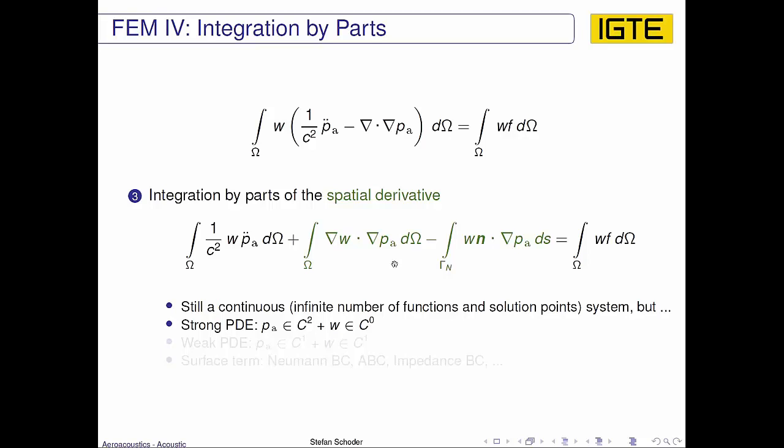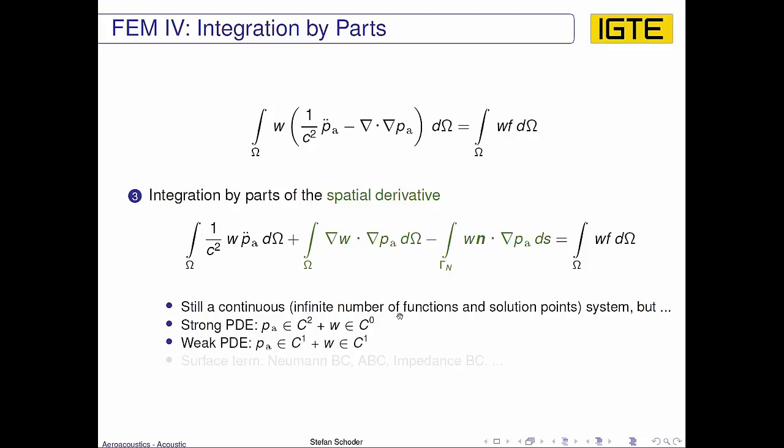Considering the strong PDE, the acoustic pressure must satisfy second-order continuity in time and in space, and the test function itself must not be that continuous, because we don't have to build any spatial derivatives.